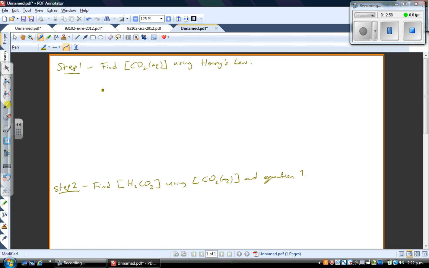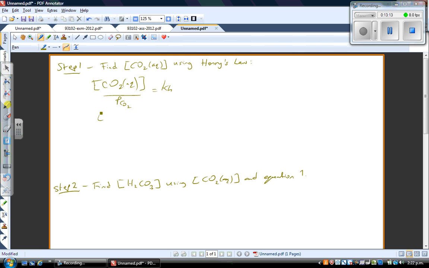is as follows. So the concentration of CO2 aqueous over CO2 partial pressure is Henry's constant.